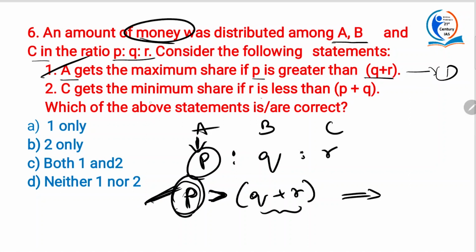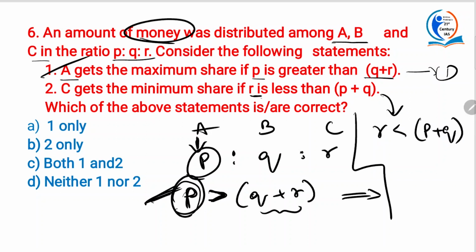Now, C gets the minimum share if R is less than P plus Q. Now, the second condition is R is less than P plus Q. See, we cannot say this one. Why? Because R may or may not be the smaller number. Here we will take an example. For example, if P is 2, Q is 4 and R is 5.